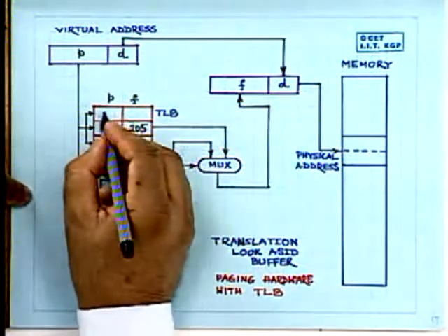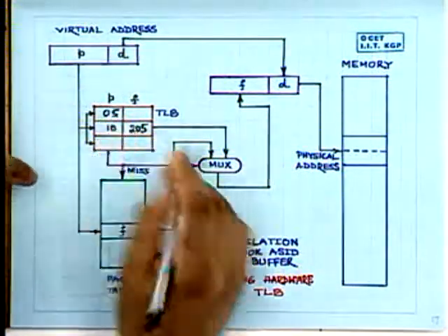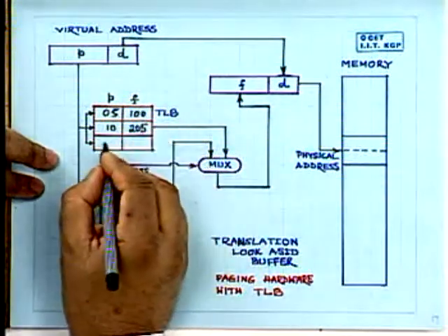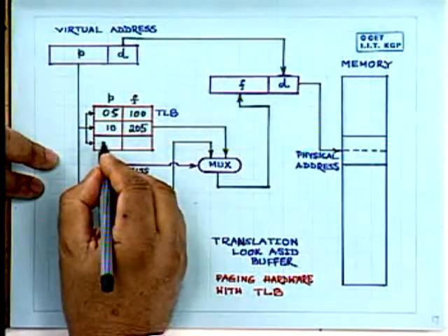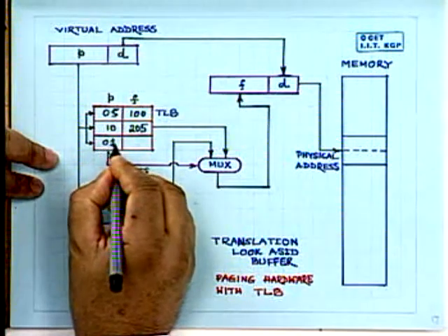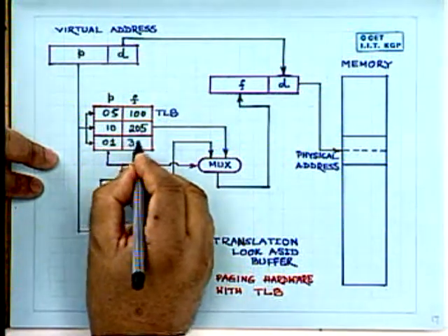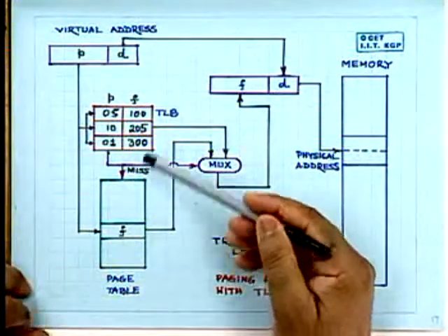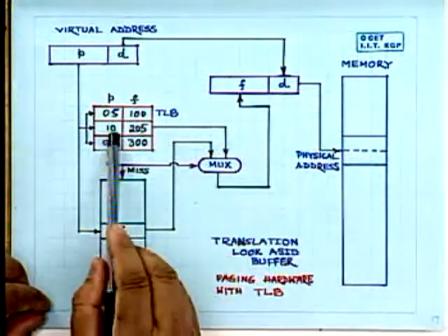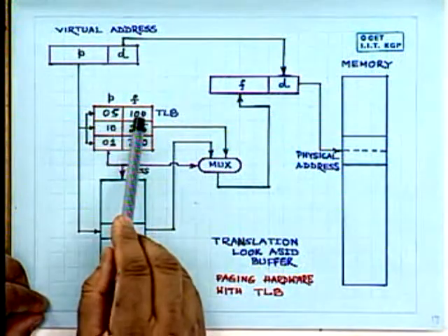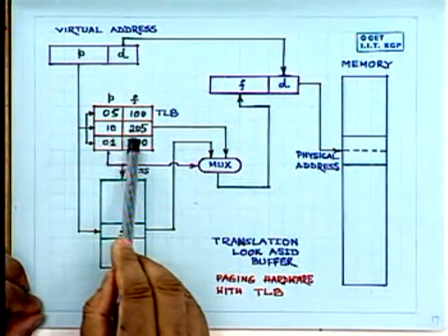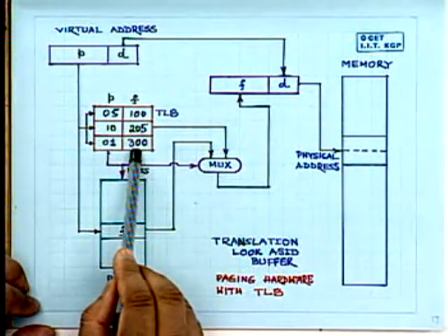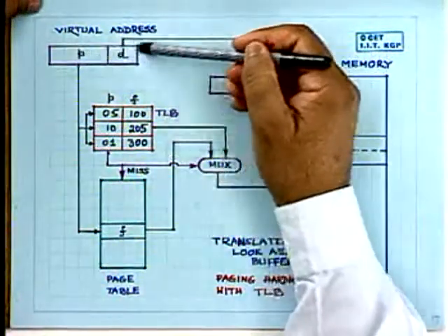Let me give an example: say this is 05, 100, and this one is 10, 205, and this one is 01, 300. Say this information of this particular process has been kept here. That means page 5 is in frame 100, page 10 is in frame 205, and page 1 is in frame 300.